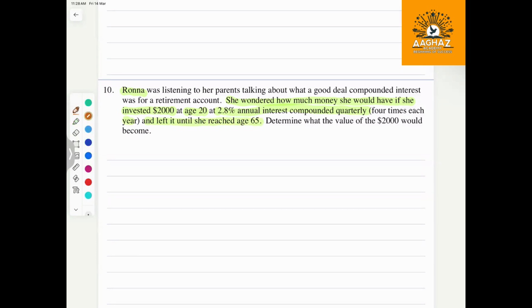So first of all, you will find the time: 65 minus 20, I think it will be 45 years. And the rate is 2.8%. Determine what the value of $2,000 would become. Okay, principal is 2,000. And the next is the rate, annual interest compounded quarterly is the main thing.